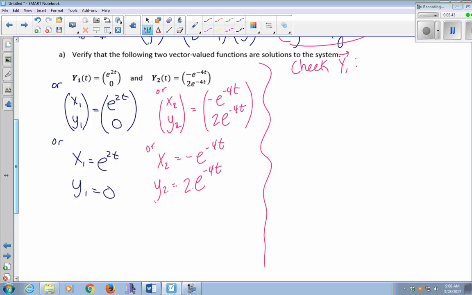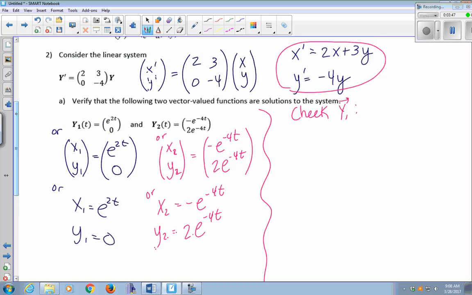Okay, so I'm going to write down my system, x prime and y prime. X prime is 2x plus 3y. Y prime is negative 4y. And y1 was x1 is e to the 2t, y1 is 0. So we plug it in.